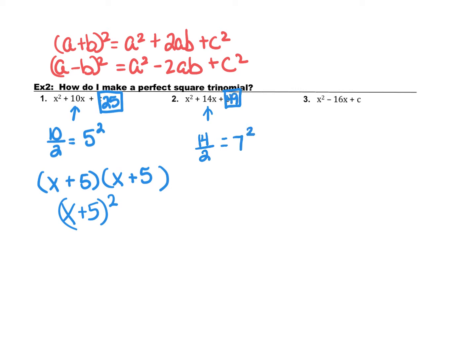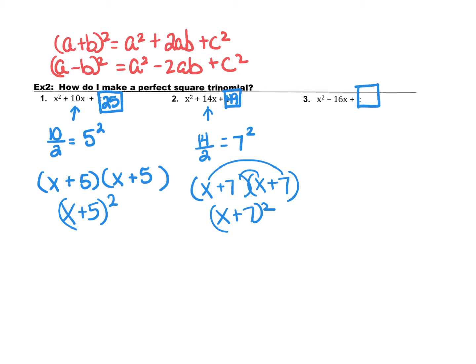And if you look at what this would look like factored, you'd have x plus 7 and x plus 7, and then that would be x plus 7 squared, all right? And notice that's how we got that 14, is that we've got the 7x and we've got the 7x. That's how we get that 2 in the middle, that 2ab. And so let's take a look at the next one.